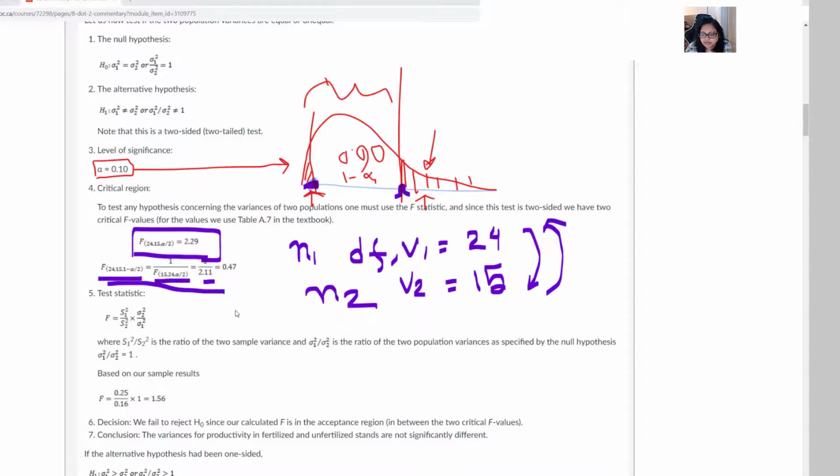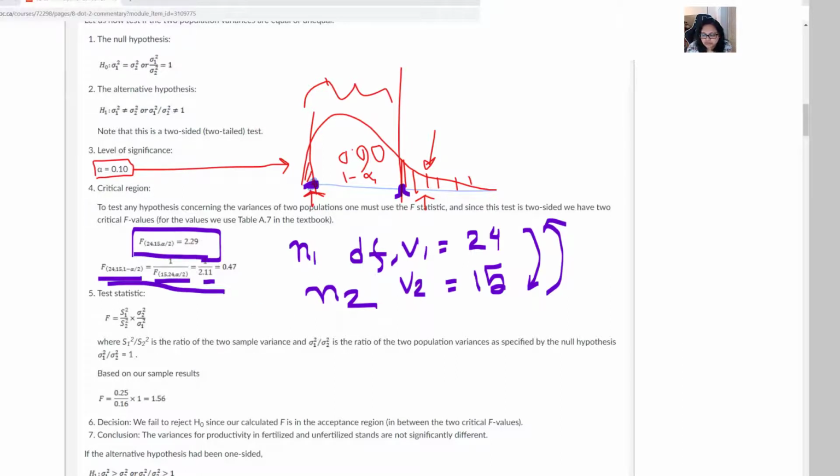So you have to find the lower value using this formula. Okay, I would like to show you how we can find them in the F table. Let's first find 24, 15 as the two degrees of freedom. 24 is the numerator, 15 is the denominator, and the level of significance by 2, that means 0.1 by 2 is 0.05.